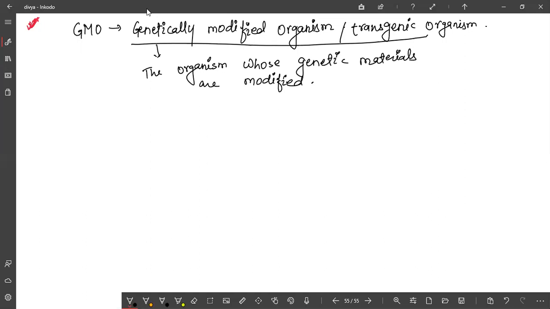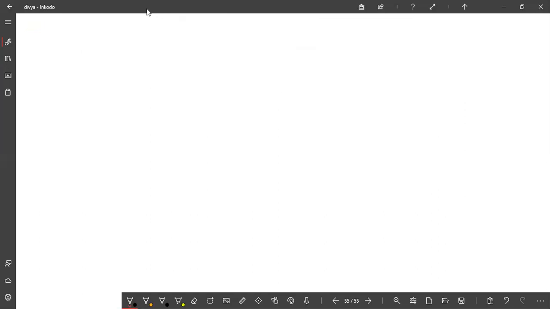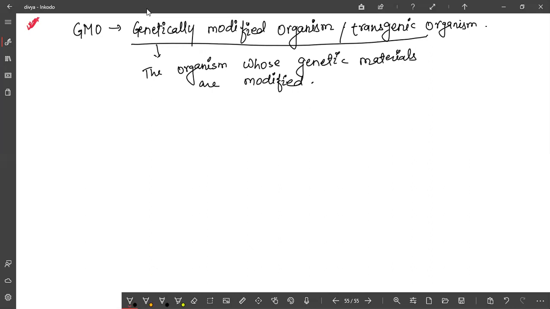So in biotechnology, we prepare organisms that are genetically modified. What are the basic steps that are needed to modify any organism? Basically, three basic steps are involved.